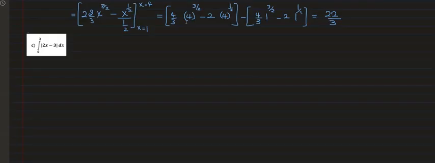So now let's consider the integration with the absolute function. If we have here the integration of the absolute of 2x minus 3, we know that the absolute of x was by definition equal either to x or negative x. It outputs x if x is bigger than or equal to 0, and negative x if x is negative, less than 0.